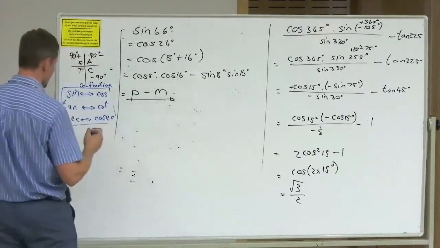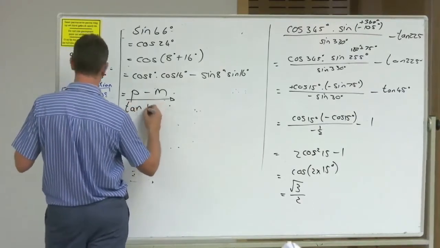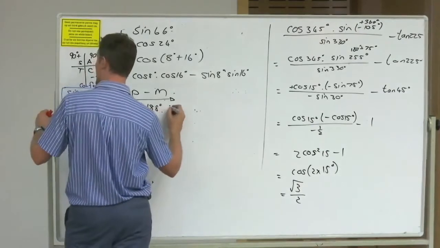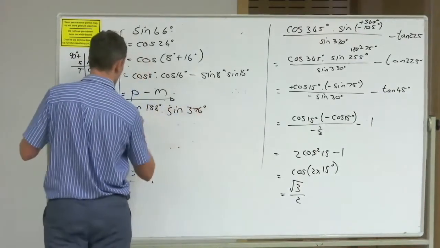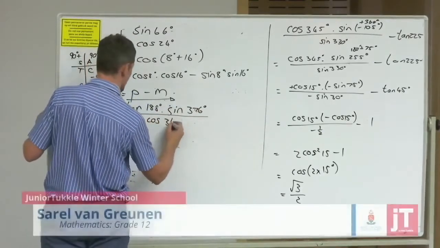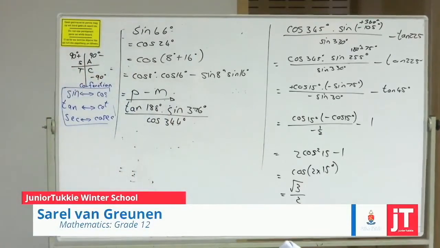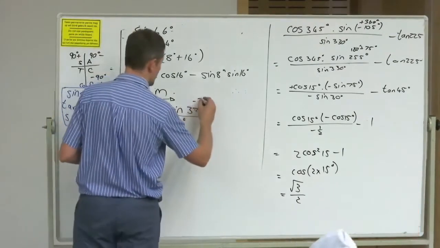So, ladies and gents, now we look at the next one. I love these kind of ones. Tan 188 times sine 376 all over cos of 344. Step 1, get everything between 0 and 360. So this one I'm going to subtract 360.